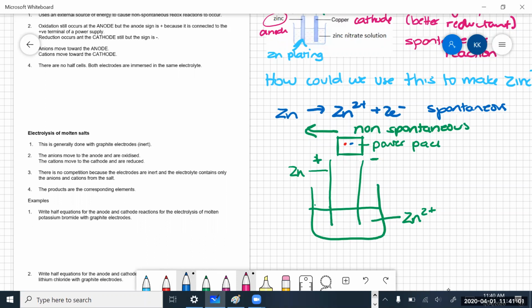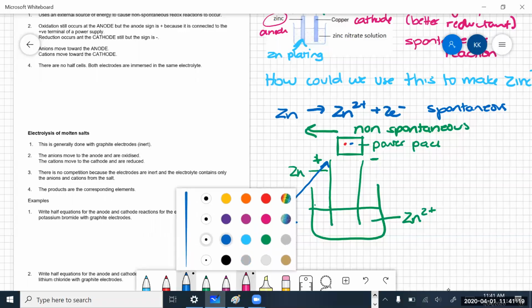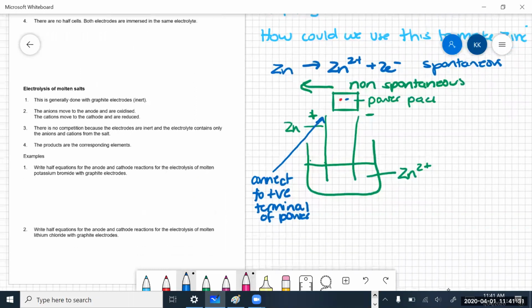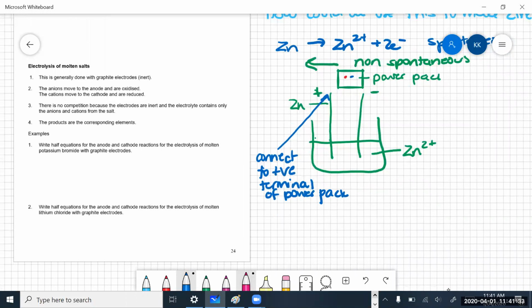So we need to connect this to the positive terminal of the power pack, and we need to connect that electrode to the negative terminal of the power pack.